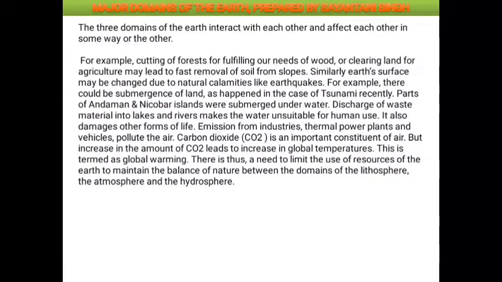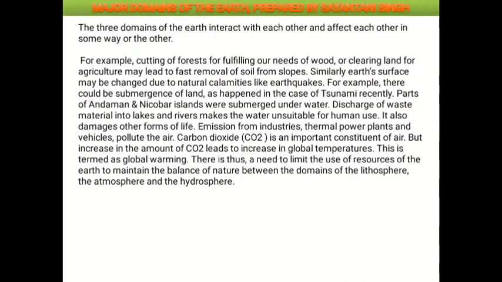Now we are talking about the interaction of the three domains. If you see this slide, you can understand that we are cutting the forest to fulfill our needs. So we are destroying our natural resources.